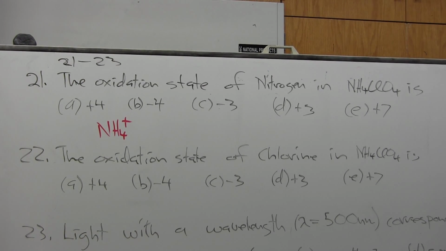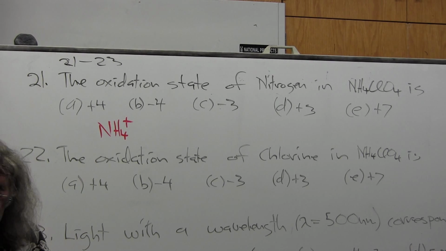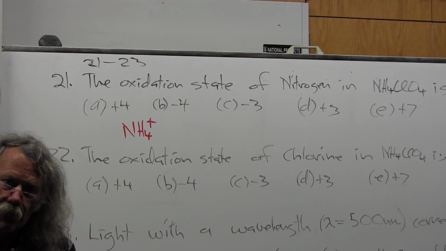Hydrogen, if it's combined with a non-metal, then it's going to be given a +1 oxidation state. And if it's combined with a metal, it's going to be the -1 oxidation state. This is consistent with, again, what we've seen on the periodic table.